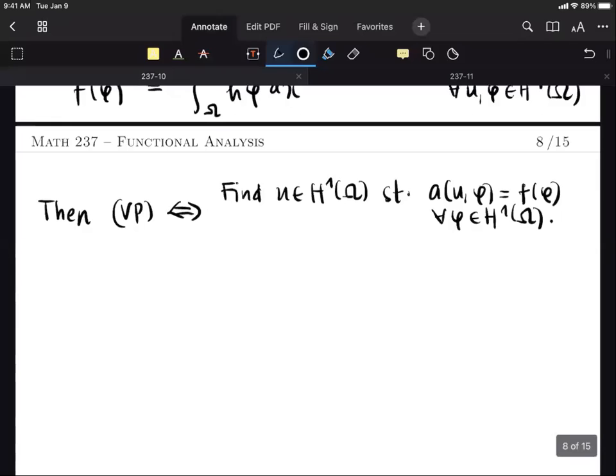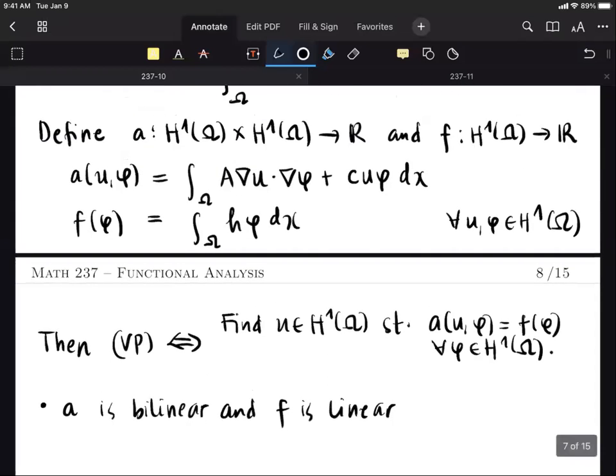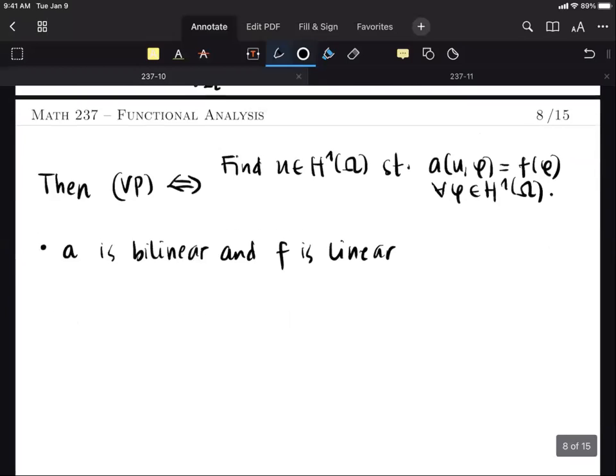First, take note that A is bilinear and F is linear. You can prove this easily from the linearity of the Lebesgue integral.